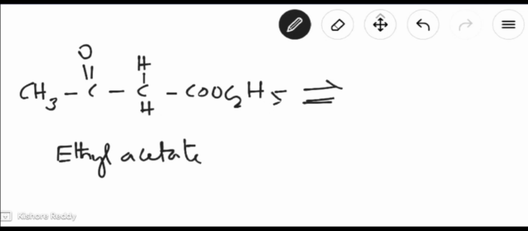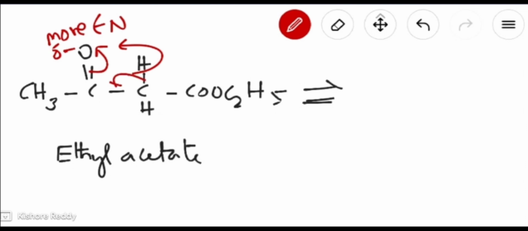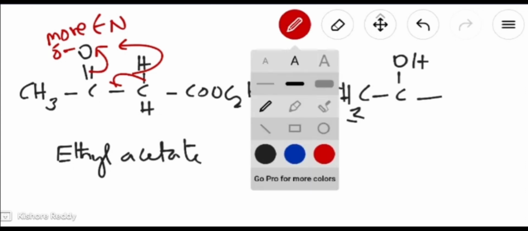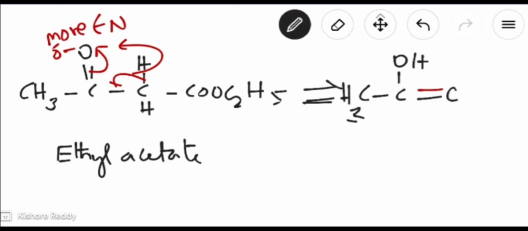Now again, you know very well that oxygen is having more electronegativity. Therefore, it will attract the shared pair of electron towards itself, gets partial negative charge, and it will attract this H plus towards itself, and the bond moves to this. I'm showing you everything in the single step. Is it understood? So what you get now? This is CH3 dash C, OH is formed here. You get a double bond and carbon.